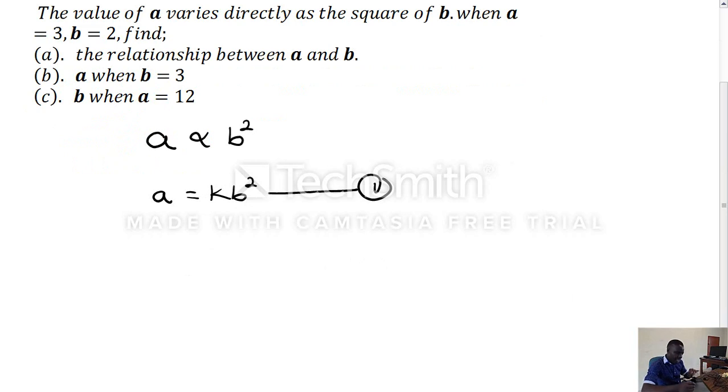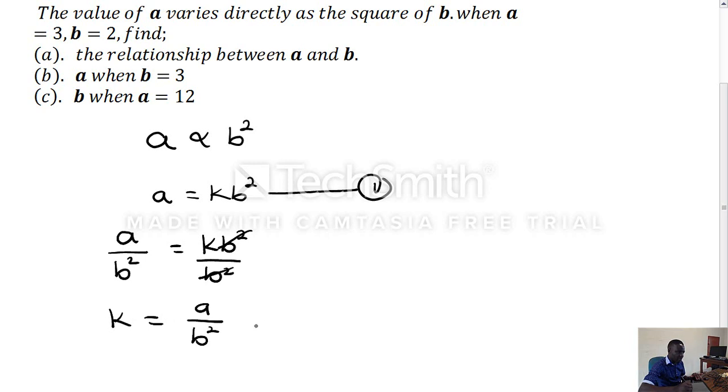Now, making k the subject of the formula, I'm going to divide both sides of the equation by the unwanted variable, which is b squared. So I will divide both sides by b squared. That will be a over b squared is equal to k b squared over b squared, and b squared will cancel b squared, where our k now is given as a over b squared.